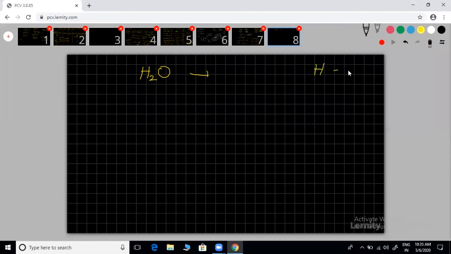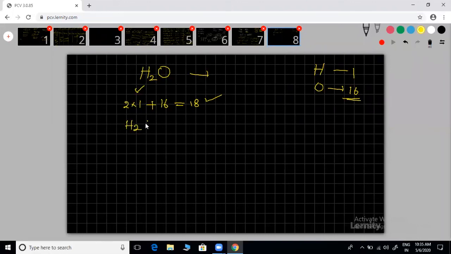Hydrogen atomic mass how much? 1. Oxygen how much did I give? 16. Clear? Just add here. 2 hydrogens means 2 into 1 mass, plus oxygen 16. Total how much? 18. Clear? So this is the molecular mass of water.